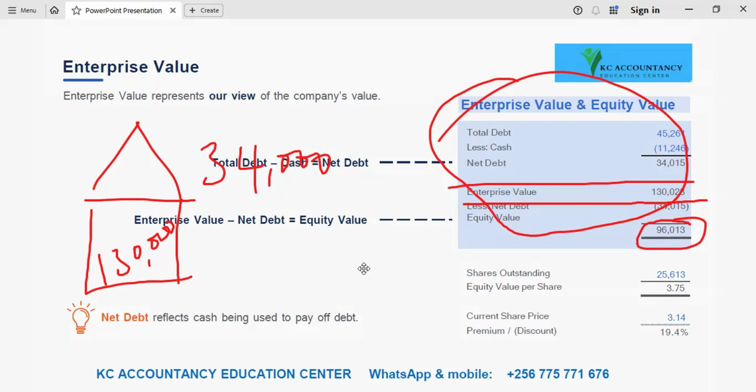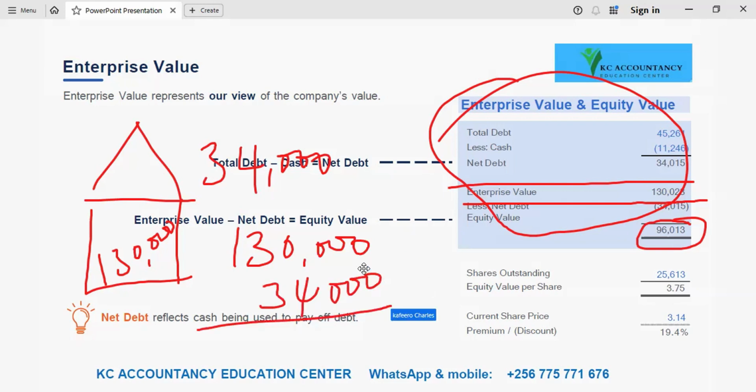That would mean that the net debt is going to be offset from the 130. So for us to get the equity portion, we take the enterprise value of 130, less off the debt or the mortgage of $34, and this will give us 96,000 dollars.